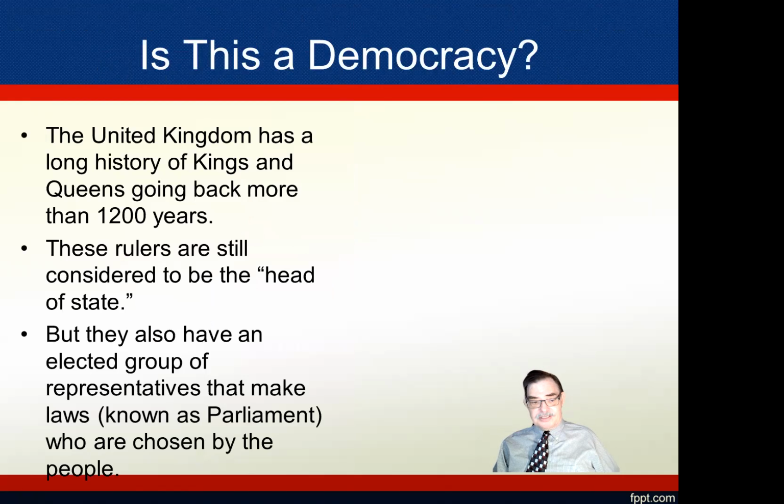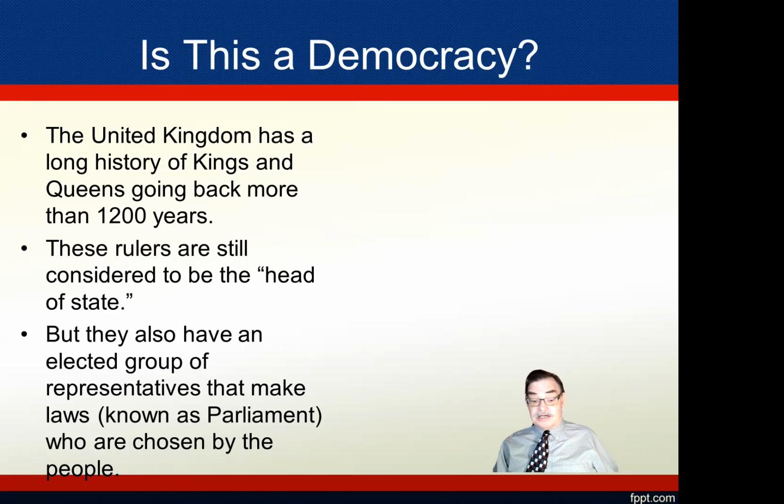Here's one example. Is this a democracy? The United Kingdom, Great Britain, has a long history of kings and queens going back more than 1,200 years. These rulers are still considered to be the head of state, and they get their power by birth. But they also have an elected group of representatives that make laws. This group of representatives is known as a parliament, who are chosen by the people.